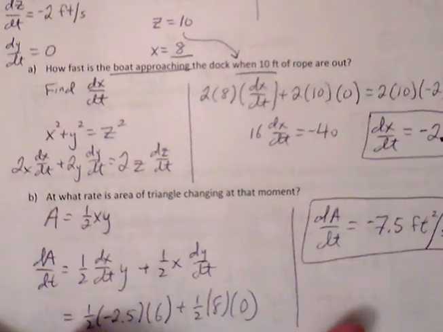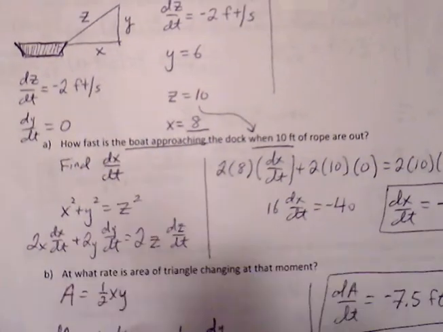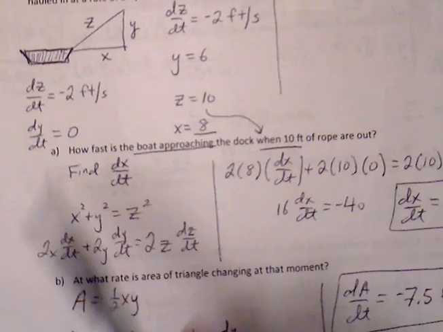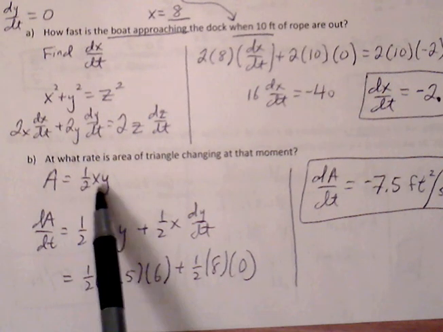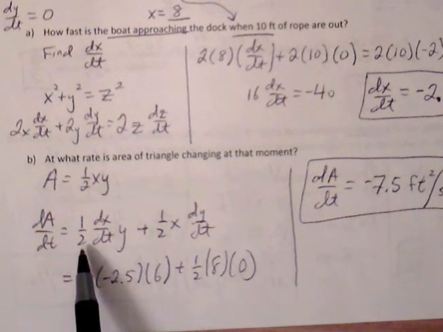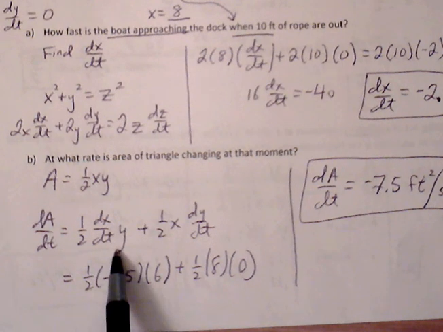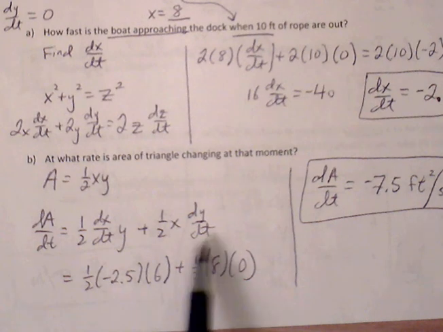Part B, at what rate is the area of the triangle changing? The area of a triangle is 1/2 base times height. My base is x, my height is y, so 1/2 x times y. If we find the derivative, we're going to have to use the product rule because x and y are both variables and they're being multiplied together. So f prime g plus f times g prime.